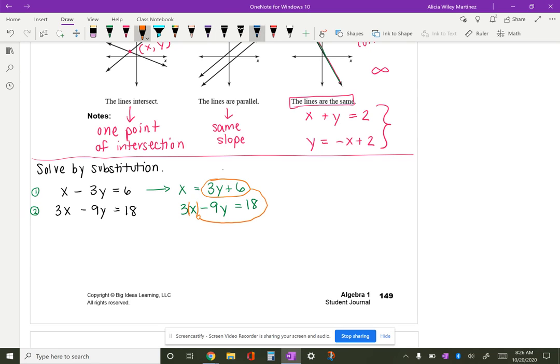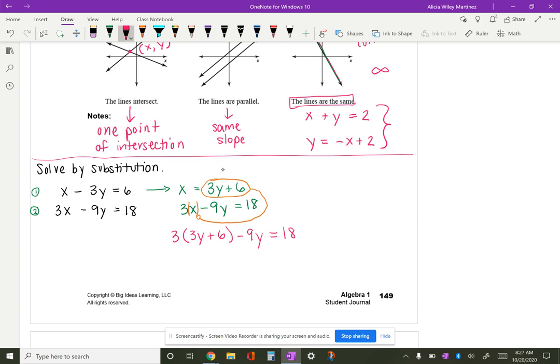Now I'm going to rewrite my second equation with my 3y plus 6 in place of x. So instead of 3 times x, it's going to be 3 times (3y plus 6). Here you can see the parentheses are really important because that 3 needs to be applied to both the 3y and the 6. Then just continue to write everything else exactly as you see it: copy minus 9y, copy equals, copy 18.